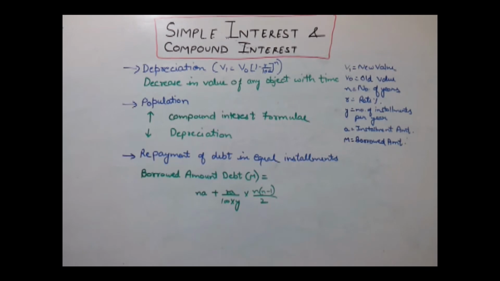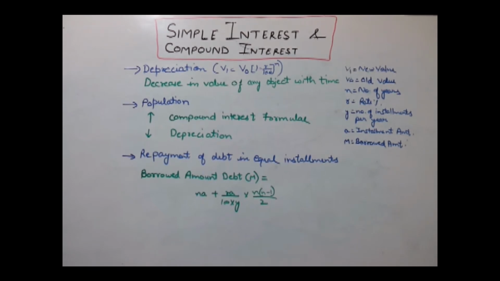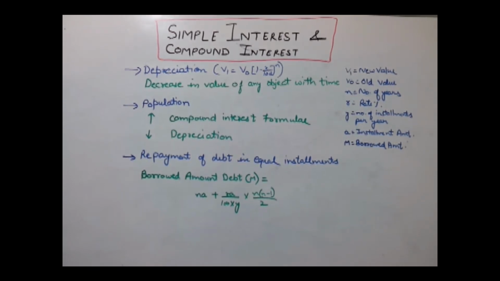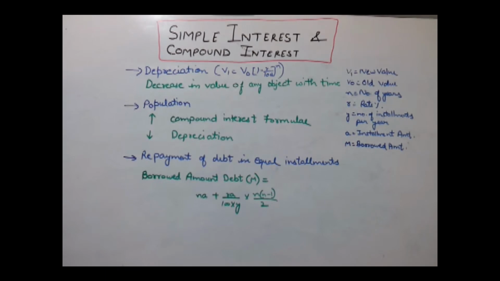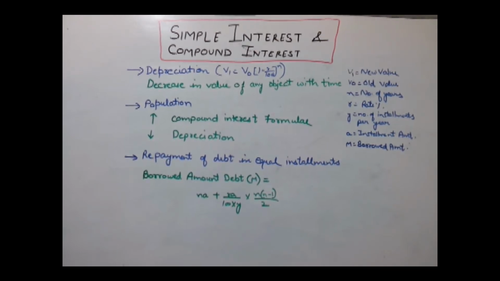Depreciation is one of the terms which is used in problems related to interest. Now, what is depreciation? Decrease in the value of any object with time is known as depreciation. The value of any object decreases with time, we all know that, but it decreases because of wear and tear of that object.